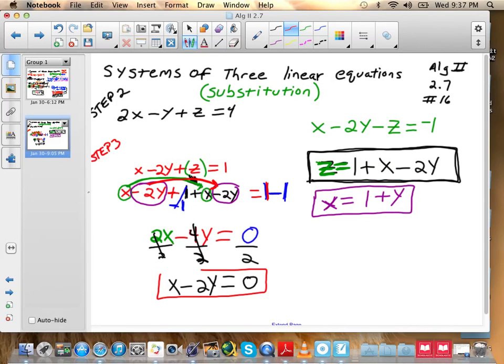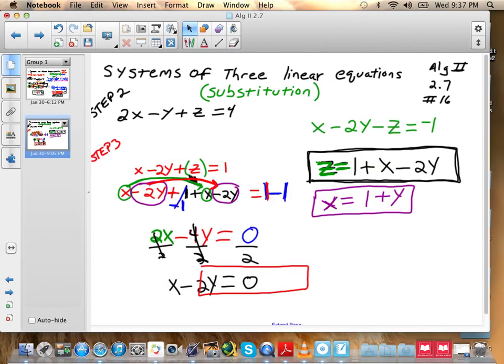Let's just leave it here: x minus 2y, and I'll show you how this will work. So since I'm done with step 3, I'm going to take it and move it over here, put it together, and get ready for the final step in this.